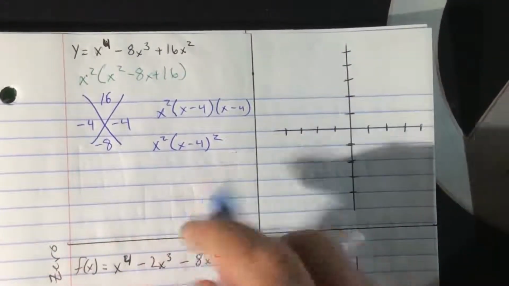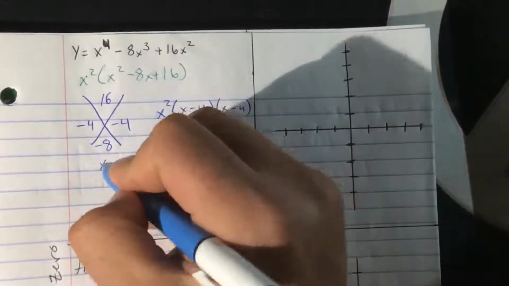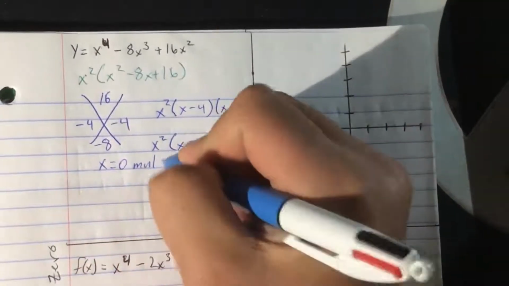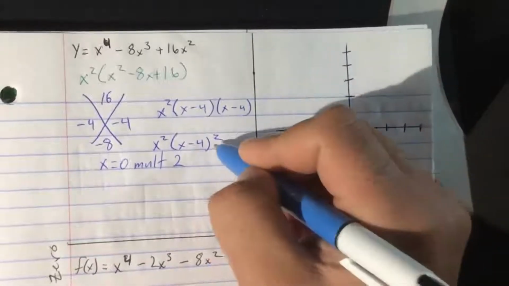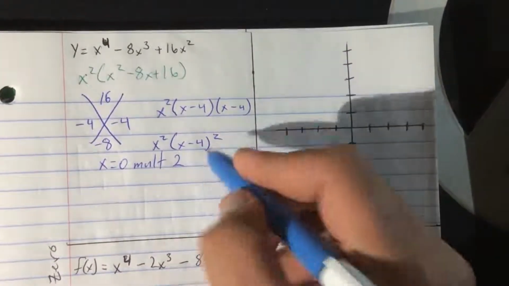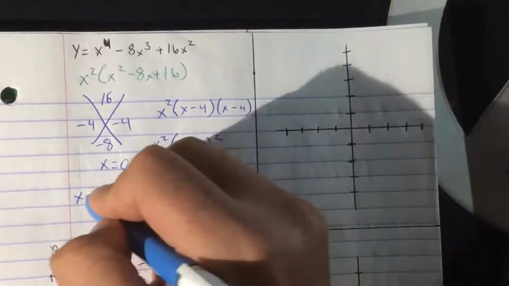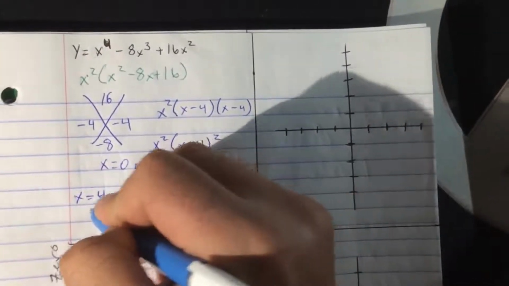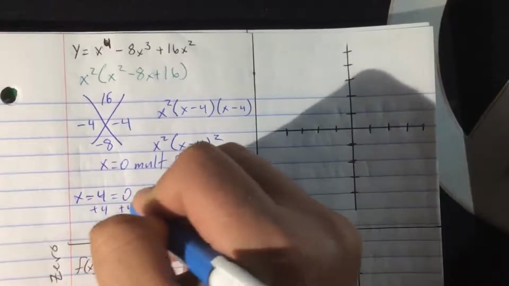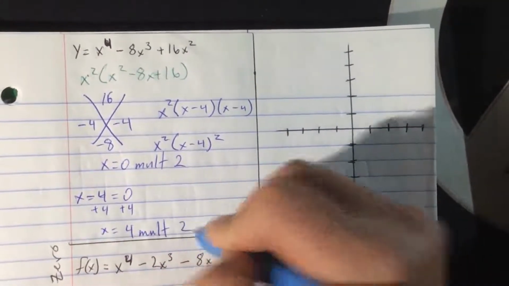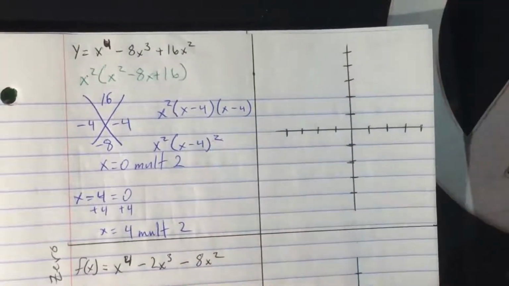If we set these equal to 0, this would be x equal to 0, multiplicity 2. And for the other, x minus 4 is equal to 0, we add 4 to both sides, x would be equal to 4, multiplicity 2 as well, because there are two copies of each.